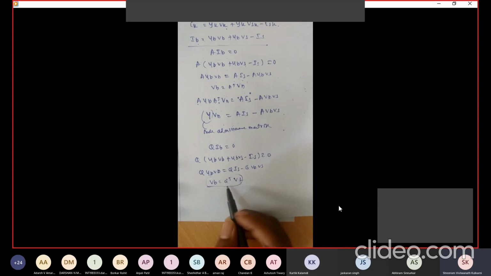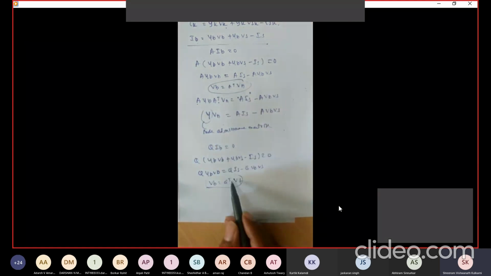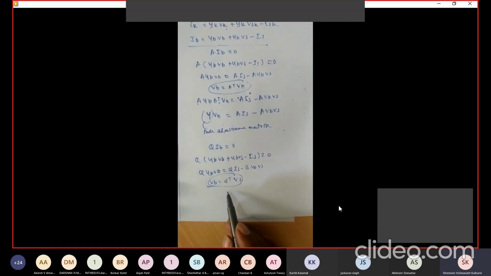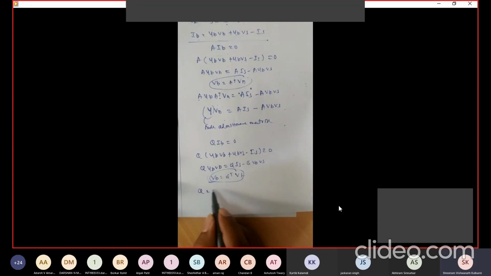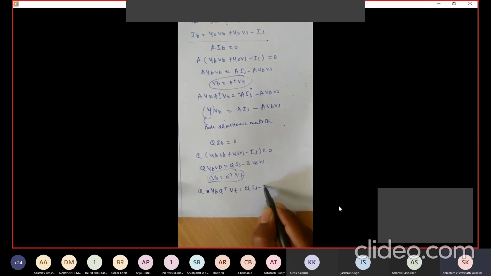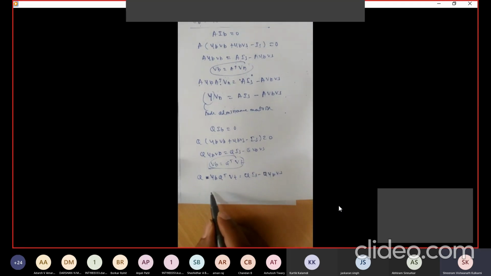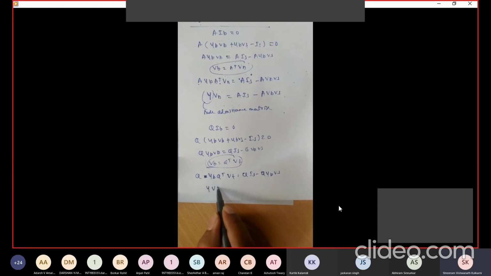We know this one, right? Now Q Yb Q transpose Vt equals Q Is minus Q Yb Vs. Then Y Vt equals Q Is minus Q Yb Vs. Y is the node admittance matrix.